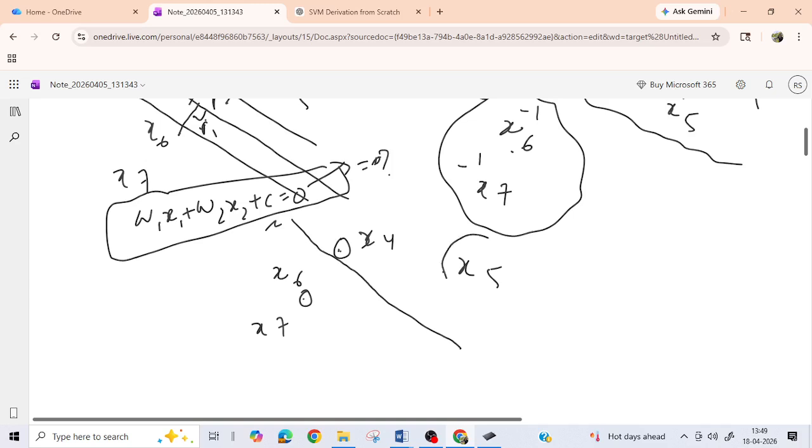If you put x5 in this equation, this would also be greater than 0. If you put the value of x6, this would be some negative value, and x7 would also be some negative value. So it is classifying fine even if the line is very close, because x4 and x5 give values greater than or equal to 0, and x6 and x7 give negative values.